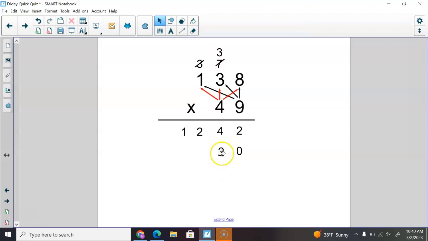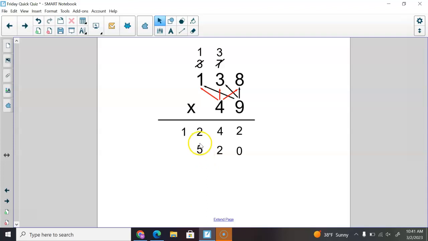I hope you guys can see I'm lining my numbers up carefully, because when we add them at the end, that's going to help a lot. Now I'm going to go on to the 4 times 3. 4 times 3 is 12, plus the 3 that's sitting up here gives me 15. So I'm going to carry the 1 up above the next place and leave a 5 behind.